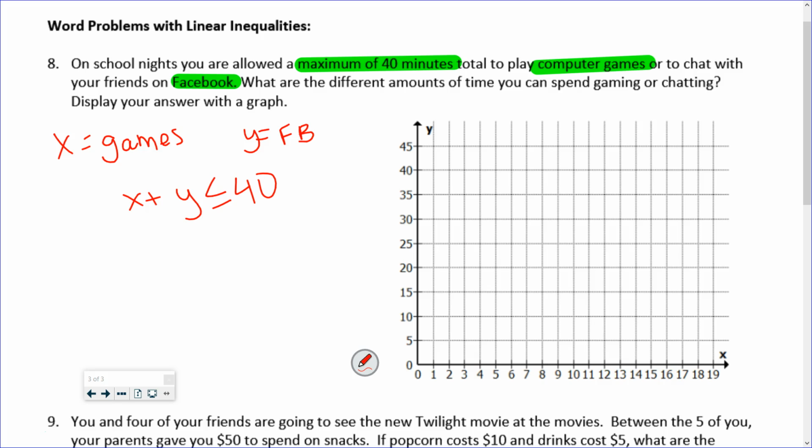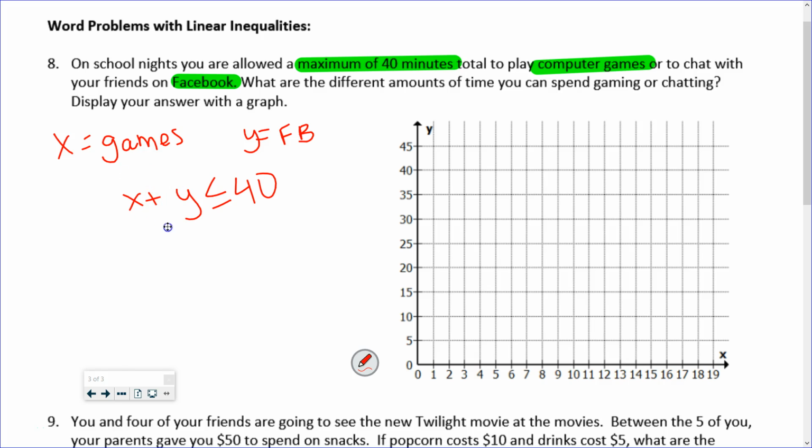Yes, you could use standard form, right? x equals 40, y equals 40. But what's the only issue with that? There's no 40 on the graph. There's no 40 on the graph I gave you. Oh my gosh, I'm the worst. So what can I do instead? Or I can make this slope intercept.